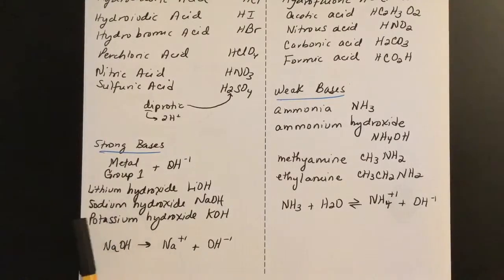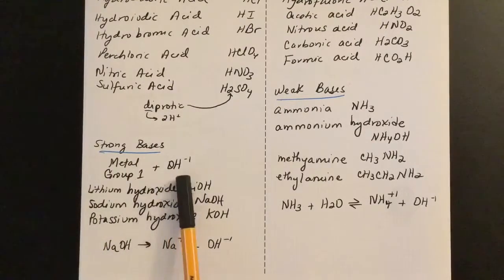So you have lithium hydroxide, sodium hydroxide, potassium hydroxide. Metals from group 1 have a charge of +1. Combined with hydroxide, which has a charge of -1, will give you your formulas down here: NaOH, LiOH, KOH. Those are strong bases. There are also strong bases with metals in group 2, but they're going to be strong only at specific concentrations.